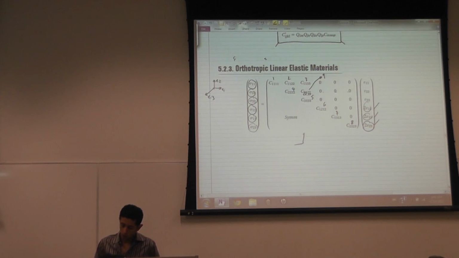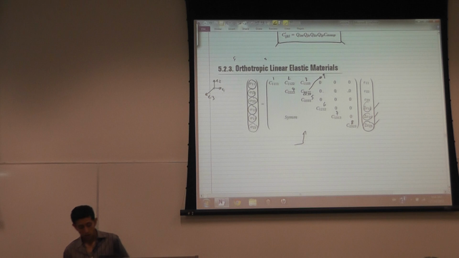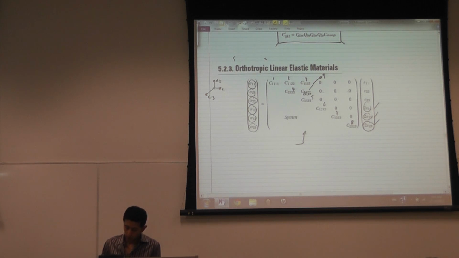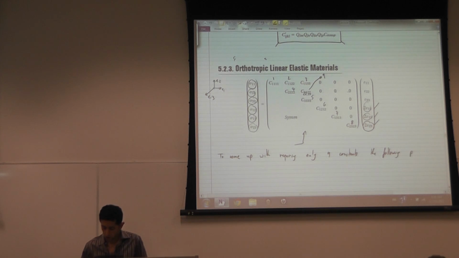Now, how do we realize that we need 9 constants? To come up with requiring only 9 constants, the following procedure is adopted.